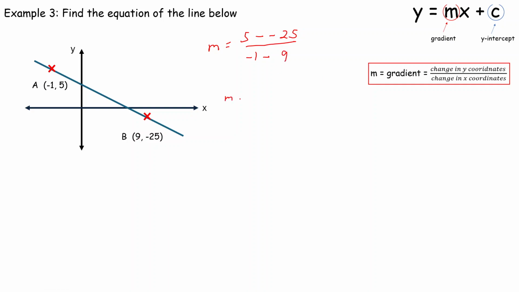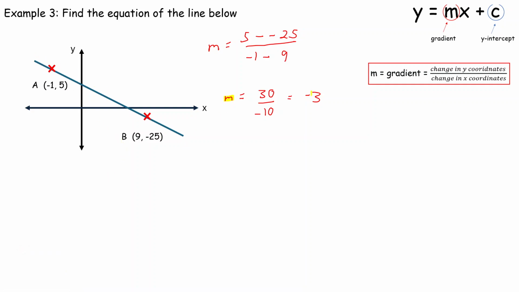So my gradient, m, is equal to 5 take away minus 25 is going to be 5 plus 25, which is 30, over -1 take away 9 is -10. Okay, so I'm at -1, I'm getting 9 smaller, I get to -10. So my gradient is going to be equal to, well, 30 divided by 10 is 3, but it's -3 because I've got that one negative there. So my gradient, as expected, is negative because my line is going in the opposite direction.